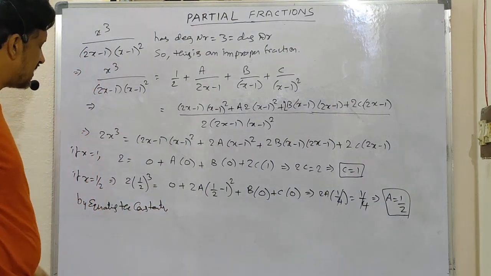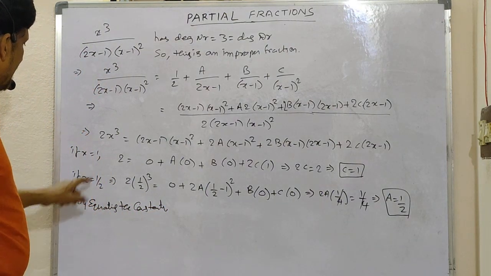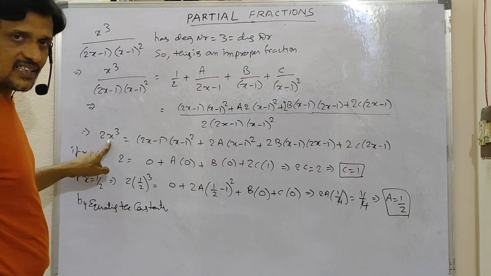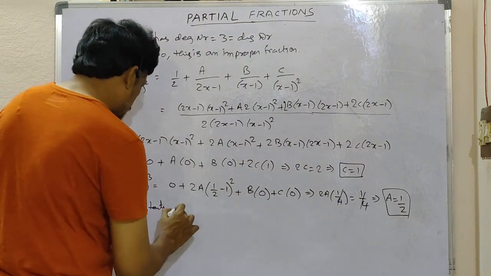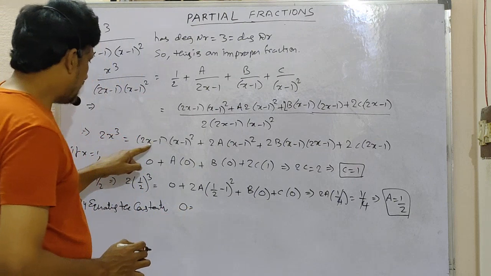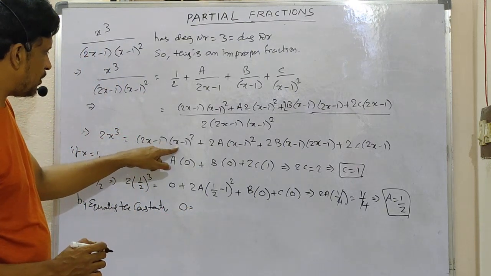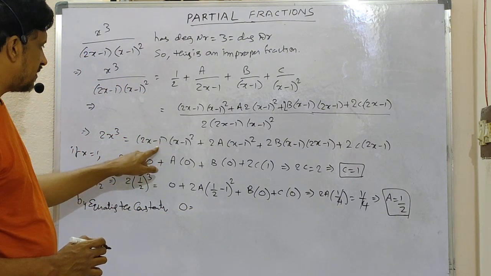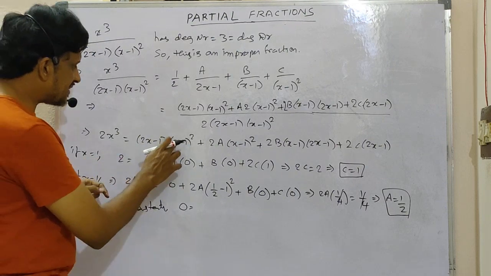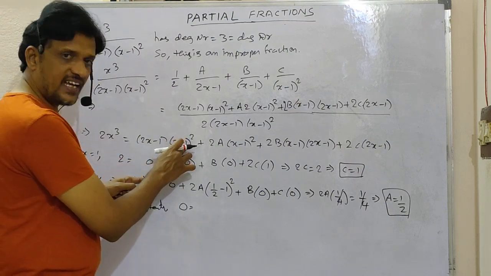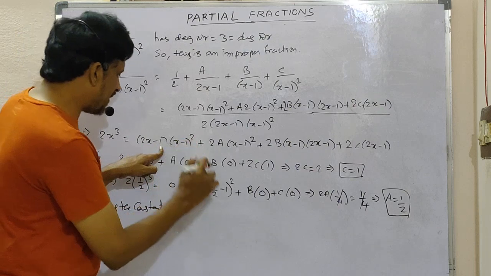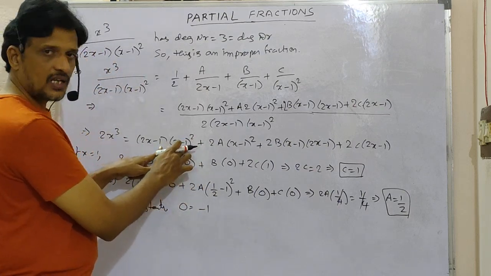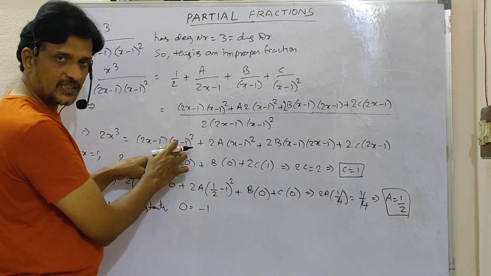Constant terms on both sides. Then we are getting, in the LHS part the constant is not there, so that is 0 is equal to, here 2x minus 1 into x minus 1 whole square. If you multiply, here x square minus 2x plus 1 we are getting. Minus 1 into plus 1 will be minus 1. Okay, this is x square minus 2x plus 1.